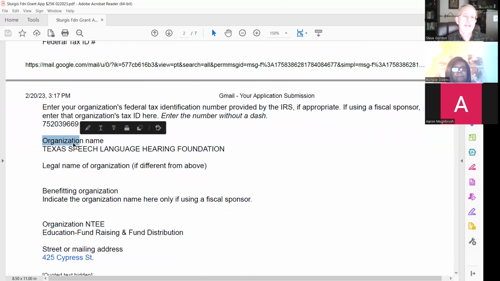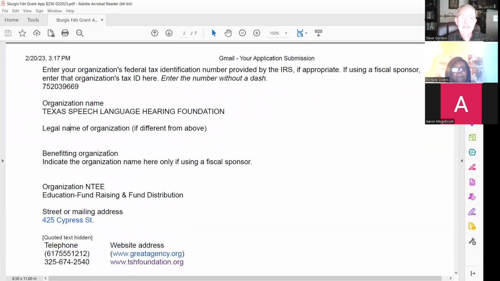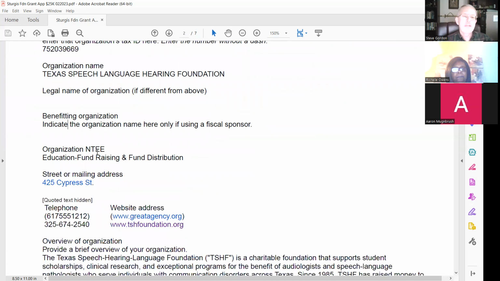So organization name, and then we put this as our answer. Legal name of organization if different from above. We don't have something different, so that's blank. Benefiting organization, if you're using a fiscal sponsor, that's some obscure thing that they do in nonprofits sometimes. We don't do that, so that's blank. Organization NTEE. So you have to have an NTEE code for what type of organization you are.